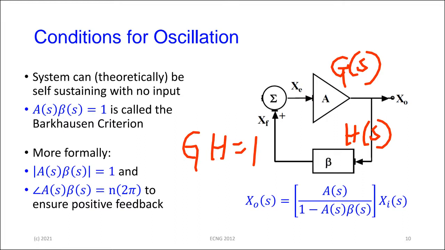More formally, because A and β, or G and H, are complex variables, usually the magnitude of GH or Aβ is 1. So the absolute value, the magnitude, is 1. And then the phase, in order for us to have positive feedback, whatever leaves the output and comes back into the input has to be in phase with whatever is going on.